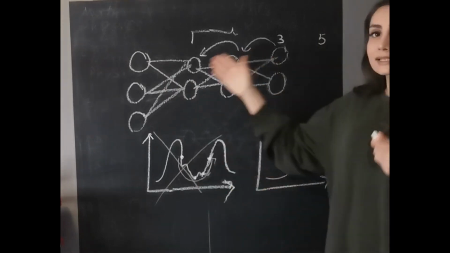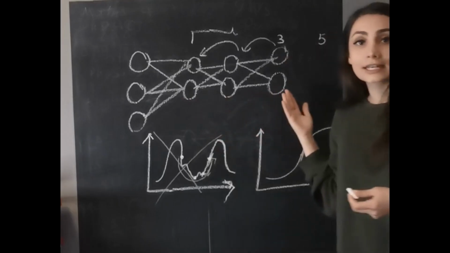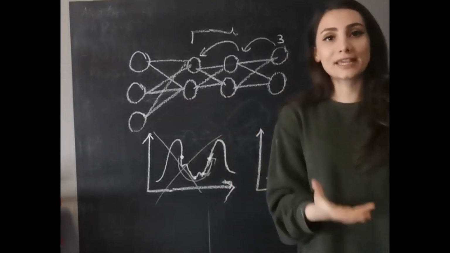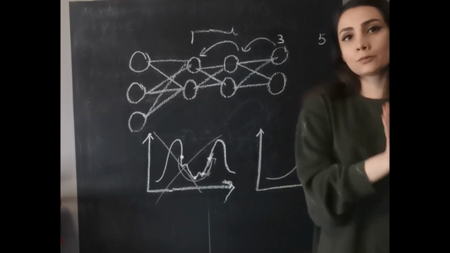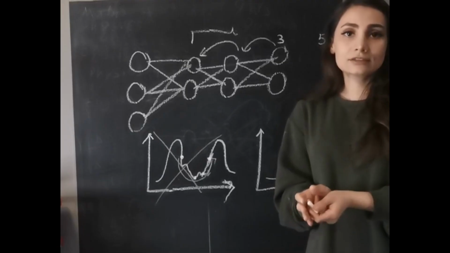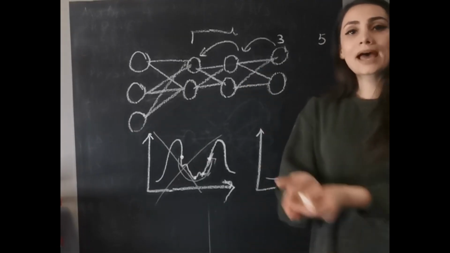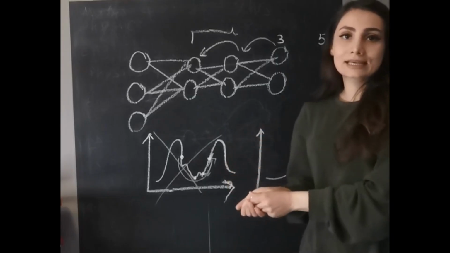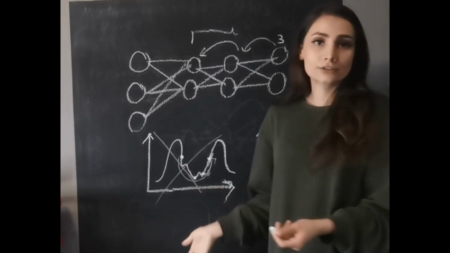But when you're going step by step backwards, since all of these neurons are connected to each other, for example, if you're baking a cake, you first have your ingredients. One layer is your ingredients, and then you mix them together to get the batter. That's another layer, and then your batter goes to the next layer, which is, for example, frosting and decorating, and then you have your final cake.